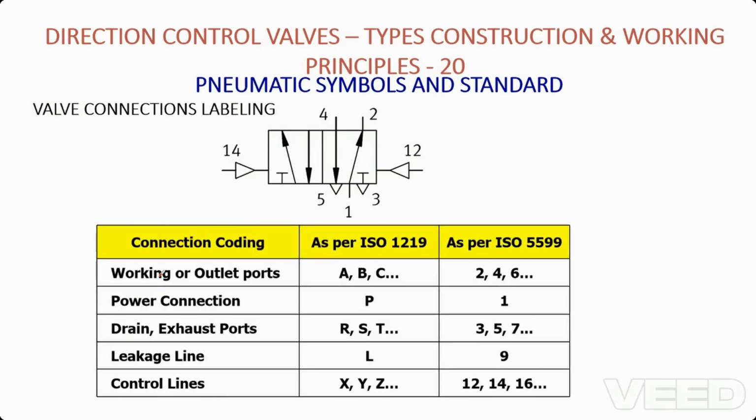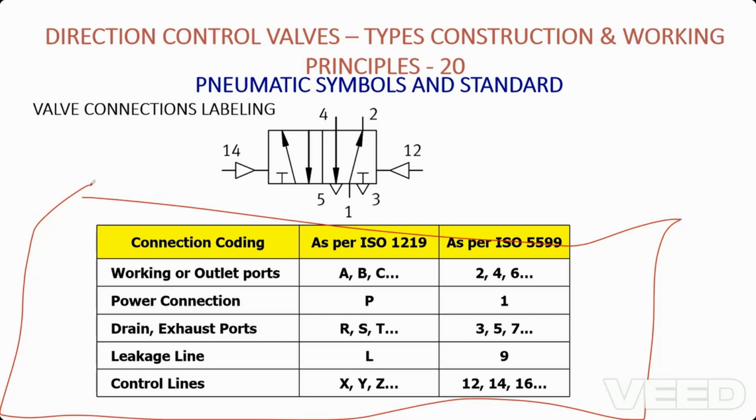Here we have a 5 by 2 with pilot operated. Here you can see a table called the port description table. In this port description table we can see there are two standards: ISO standard 1219 and ISO standard 5599.